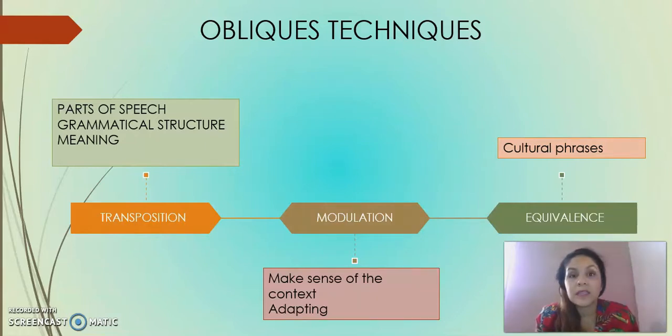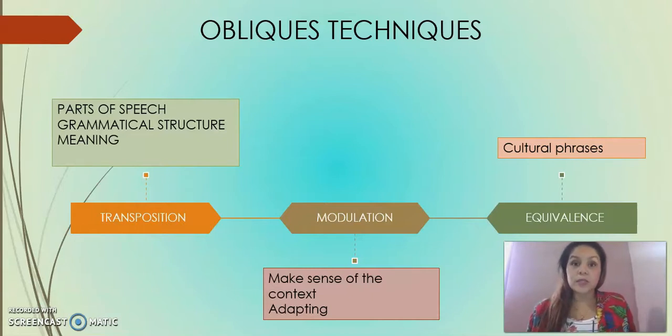Among the oblique techniques, we can mention transposition, modulation, and equivalence. Transposition is the process where a part of speech changes when it is translated. This technique changes the grammatical structure of the sentence because it is different depending on the languages.